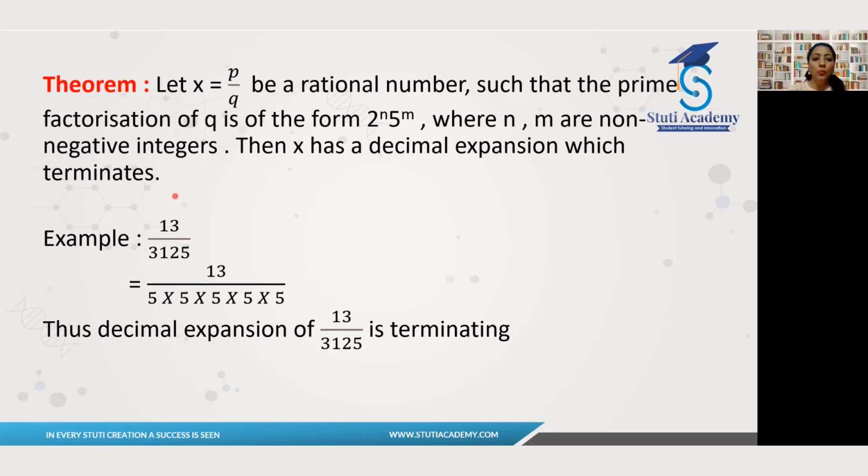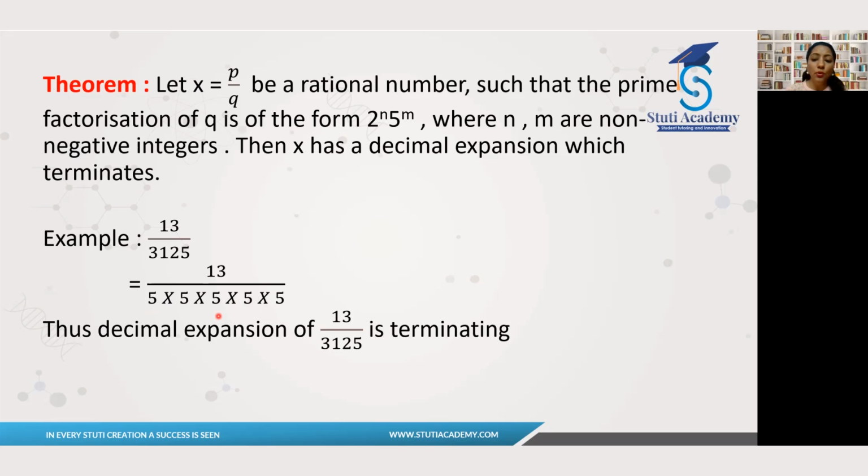For example, we have a rational number 13 upon 3125. Then we can prime factorize 3125 as 5 into 5 into 5 into 5 into 5. So we are getting 5 raised to the power 5 here. So here the prime factors of 3125, we have only 5.